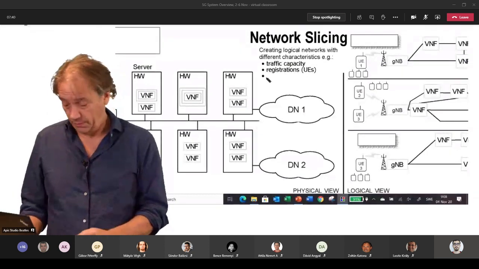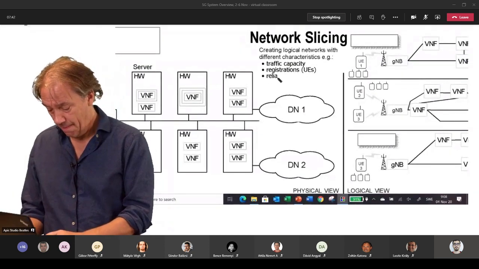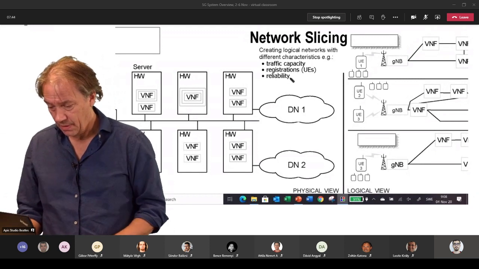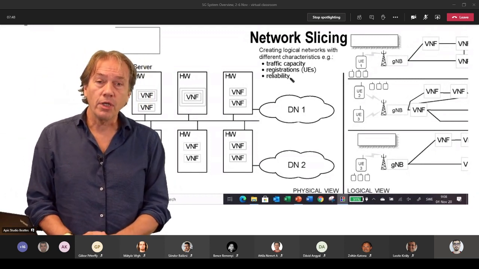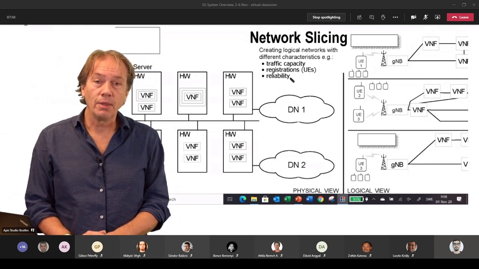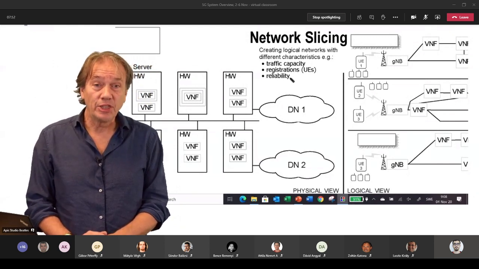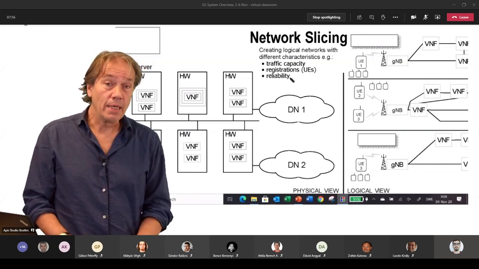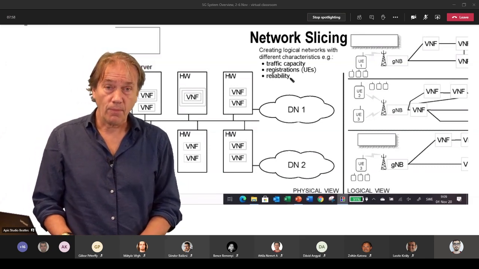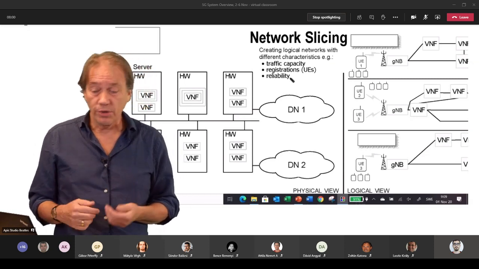Reliability. A slice for URLLC, ultra reliable, low latency communication needs to be more reliable than an eMBB slice. Also latency, of course.